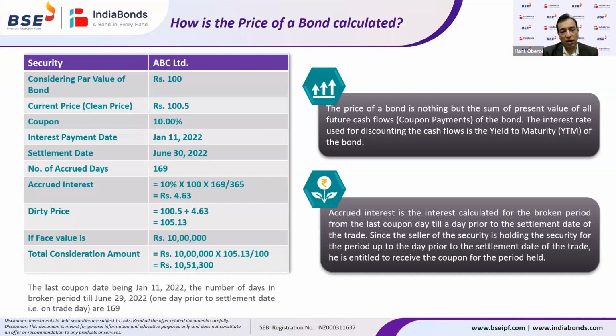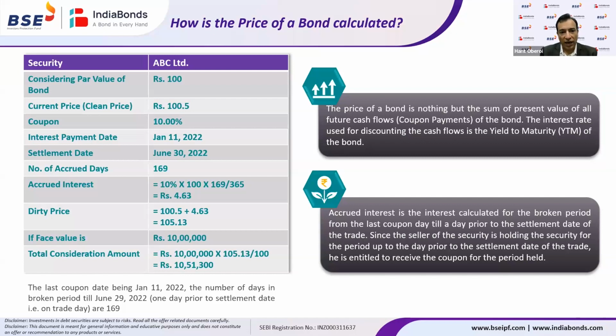This component is known as accrued interest, and it determines the settlement value. So when I am buying a bond, the accrued interest component in our case is 10% into 100, the par value, into 169 by 365. Because I was holding 169 days, you calculate 1 day interest and then 169 by 365. So 4.63 is the accrued interest component.